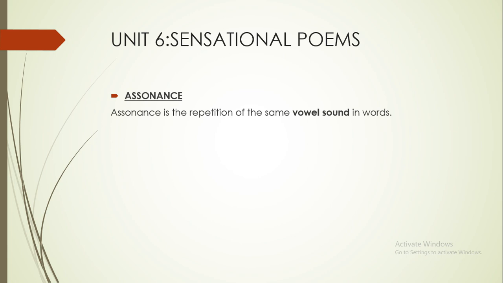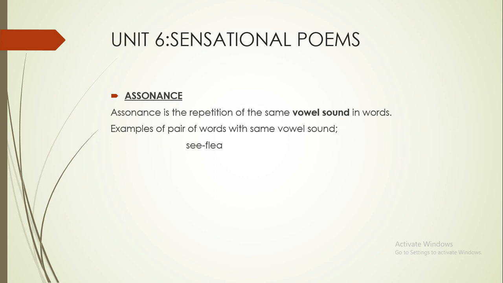For today, it is under assonance, which is repetition of the same vowel sound in a series of words which have been used in a poem. We are going to proceed and look at some examples of assonance, and in our examples we are going to compare two or more words to see how the vowel sound is coming in, so that we can easily identify the use of assonance.